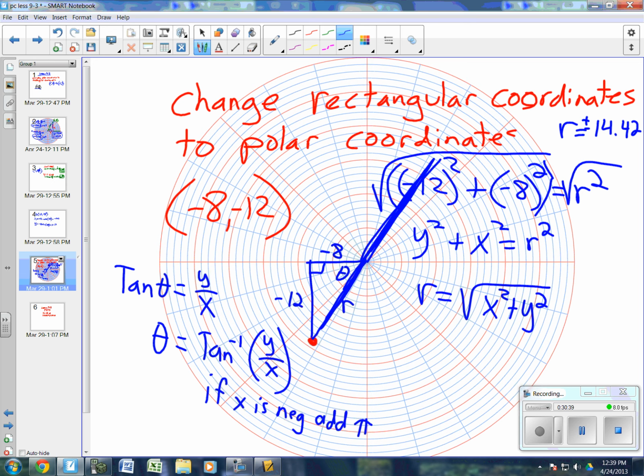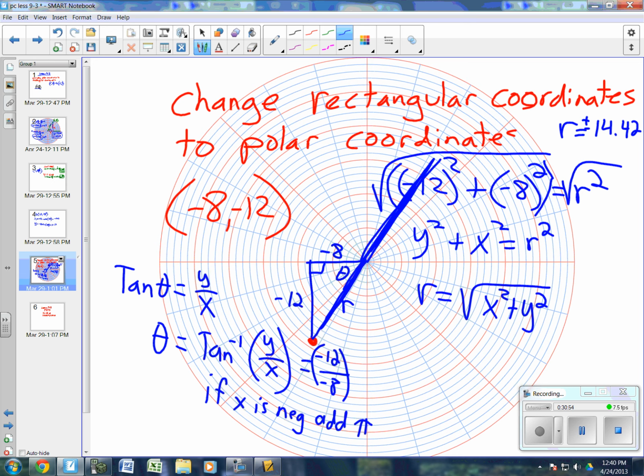So everybody, on this one right here, y is negative 12, and x is negative 8. Everybody do the tangent inverse of negative 12 divided by negative 8.